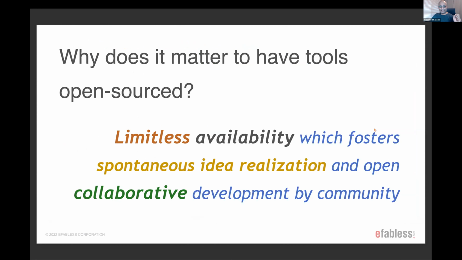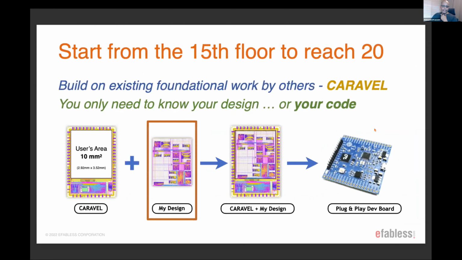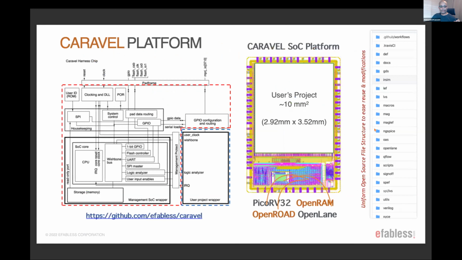If you have an idea, you can just jump in and try it. You don't need permission from anybody or pay a single penny to anybody. And then obviously the collaboration. Number 3 is not starting from zero. One of the things that we worked on is to build a chip that is not complete, that has, call it, the 15th floor, and then you add your own piece on top of it. So you don't have to build the whole chip from scratch.